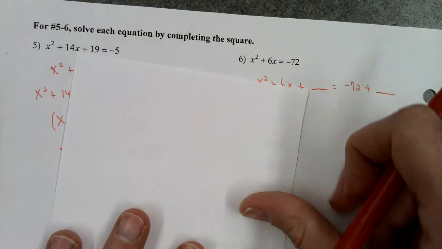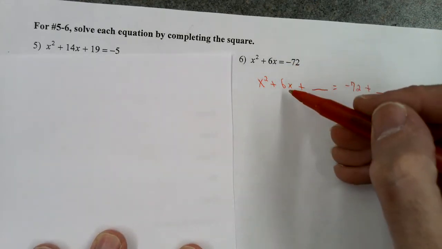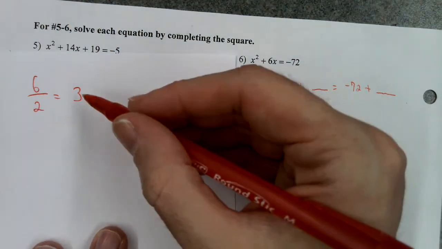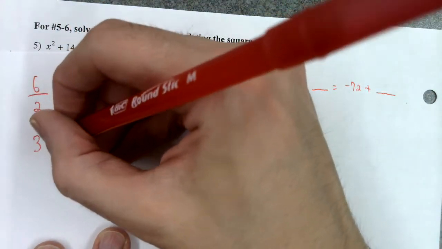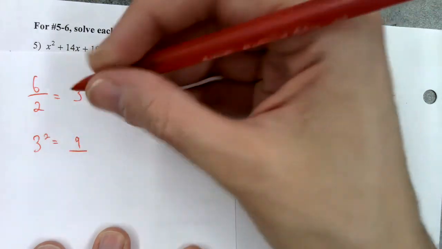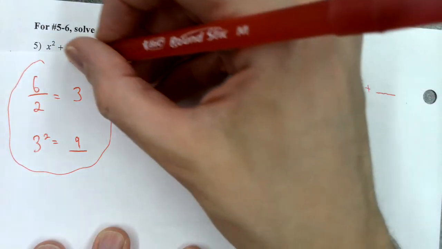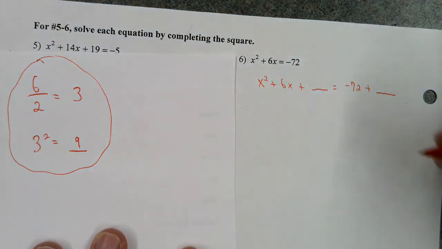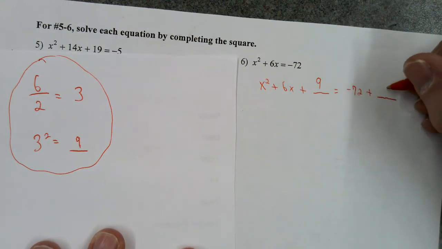So this will be my side work right here. Take this 6, always divide it by 2. Gives me 3, and then always square that, so you get 9. So that 9, that's the number you're going to add to each side. Plus 9, plus 9.